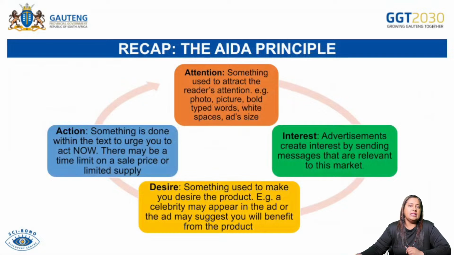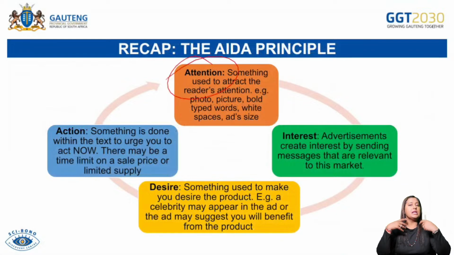When dealing with adverts over your years at school, hopefully you've come across the AIDA principle. It has four important elements. The first is, what is contained within the text that is going to grab your attention?